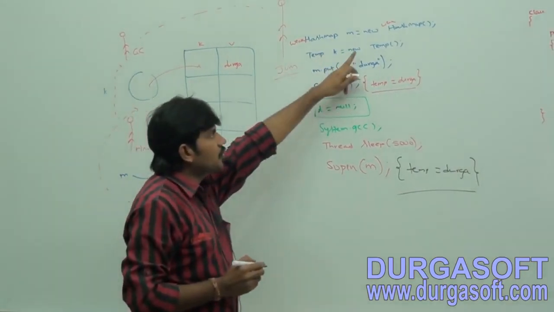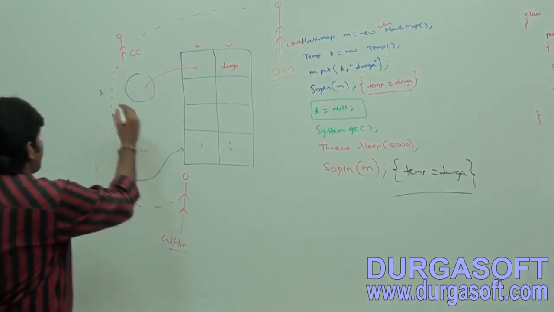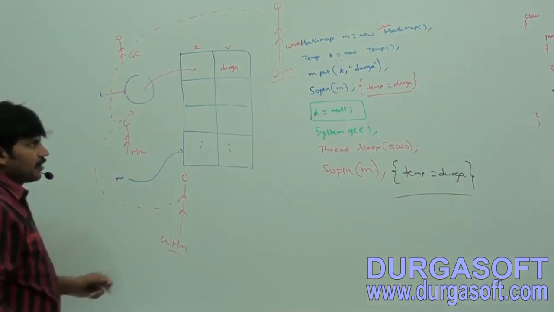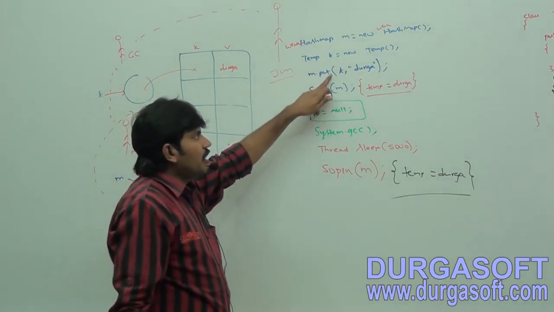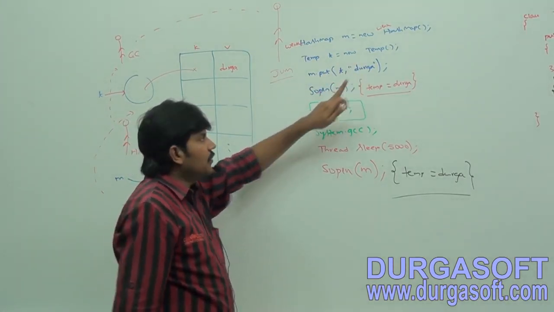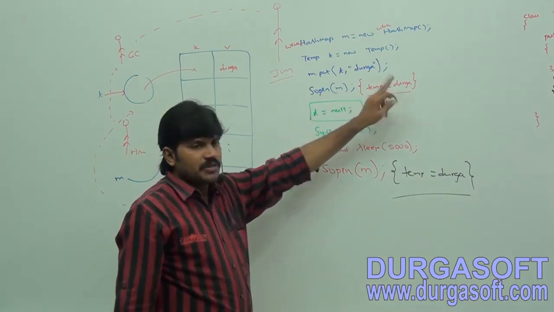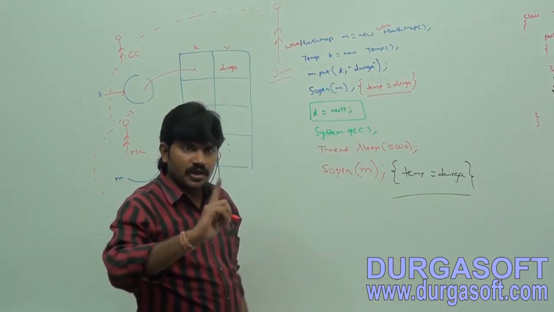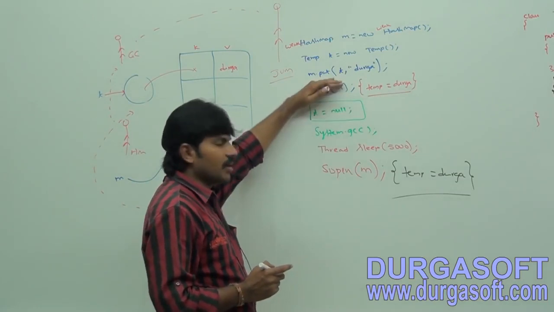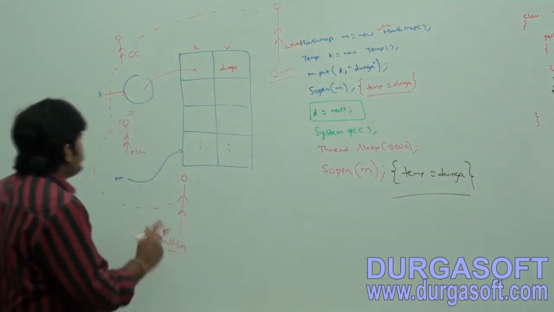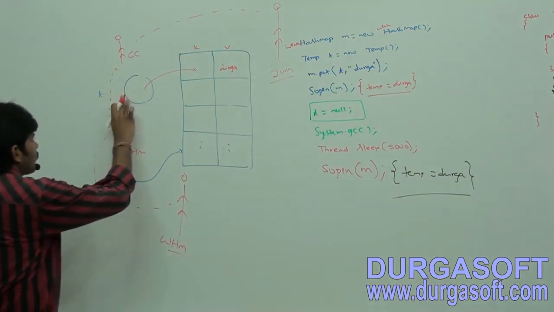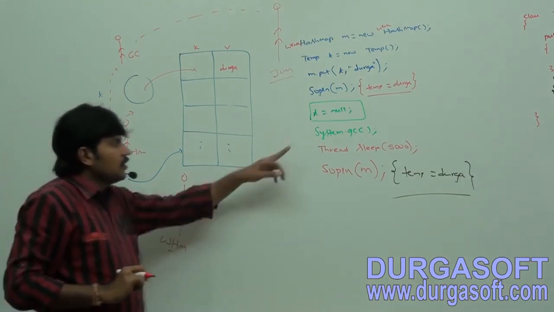Temp t = new Temp(). Sir, I created one temp object. t is the reference variable. m.put(t, "Durga"). SOP of m. What answer are we going to get? Temp is equal to Durga, because in the beginning both key and value are there. That's why temp is equal to Durga. Now t = null. Boss, this one is gone.